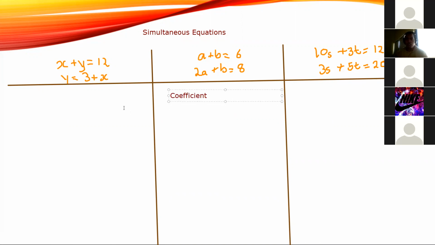So is there anybody who can tell us what is a coefficient first before I even just give the answers? We should be able to know this by now. And that is why I chose this example. Anybody who knows what is a coefficient?